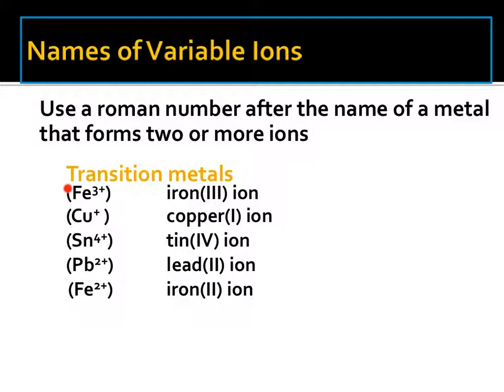So these are all metals that can have more than one charge, depending upon what they've bonded with, and so on. So to name them, you have to indicate the charge. You will either know the charge, because it will be an ion like this and it will just tell you the charge, or we'll talk about how to figure it out based on what it's bonded with in a little bit.